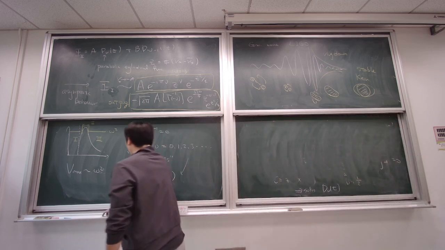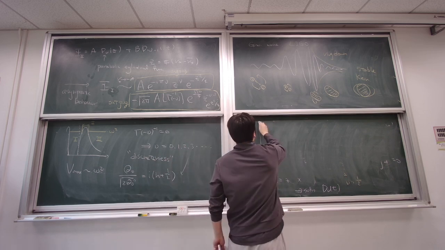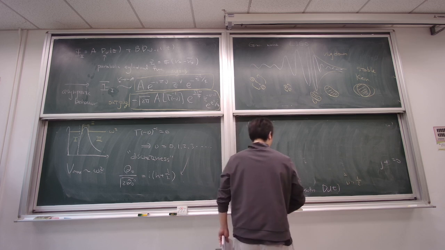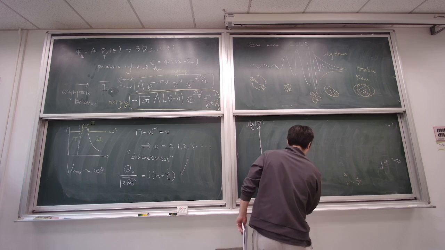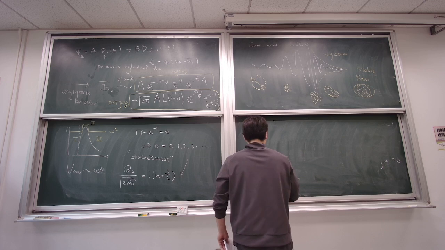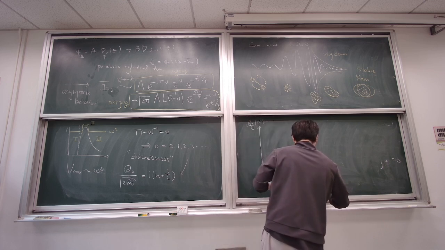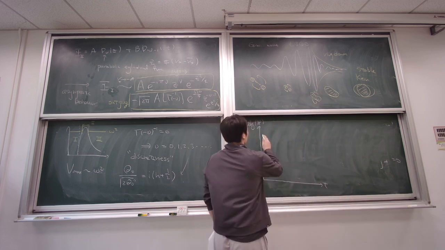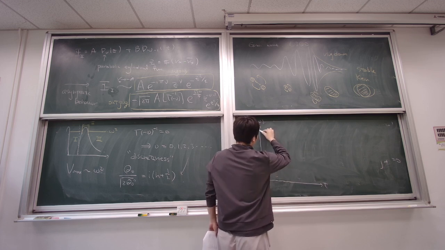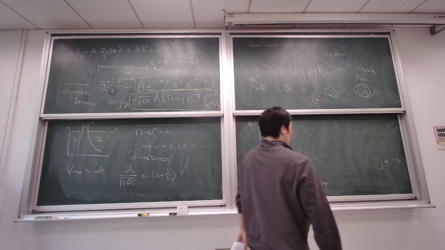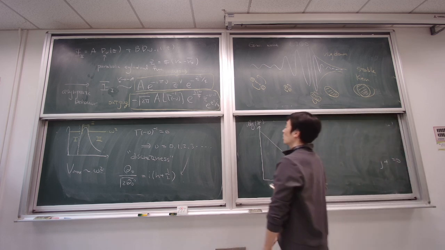If we plot the log of psi against time, after the black hole merger it behaves like this. It's monotonically decreasing, but as I mentioned, there is some oscillation.